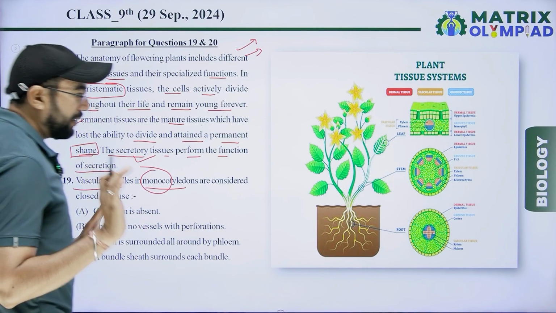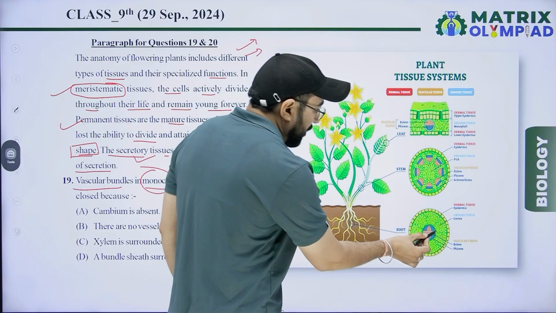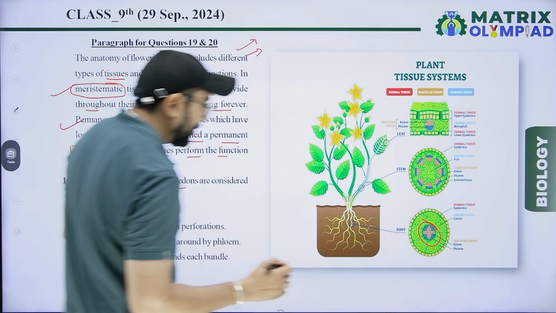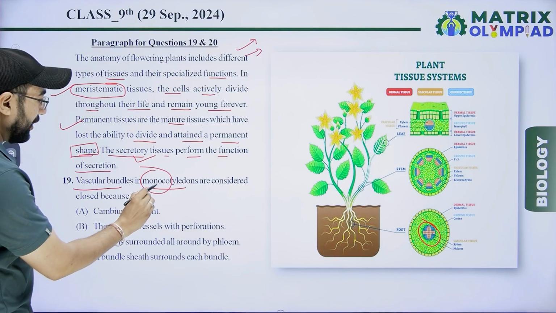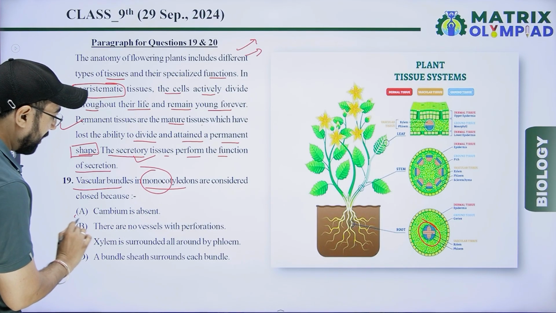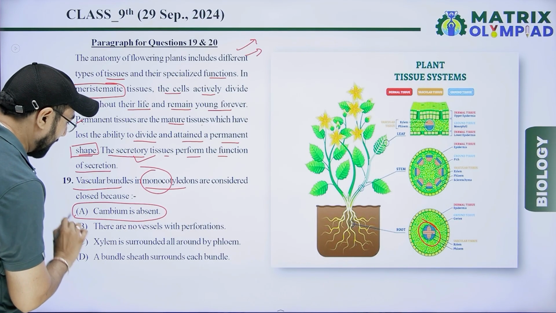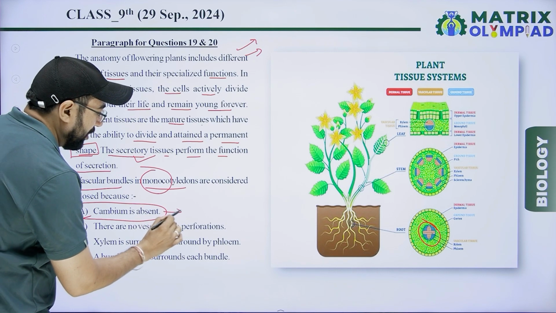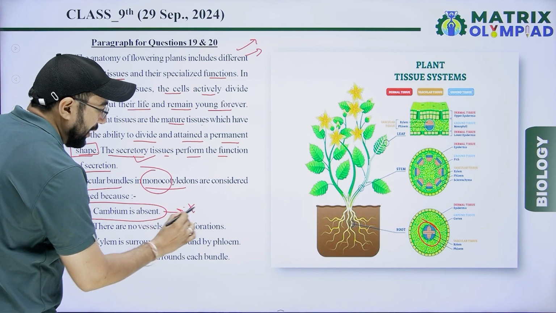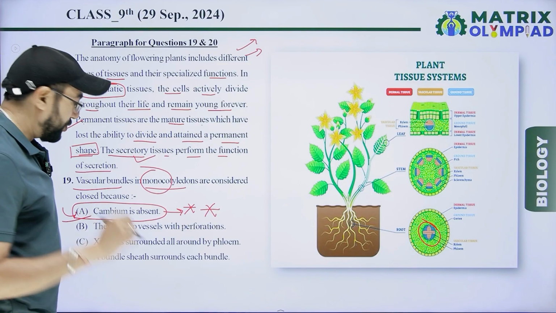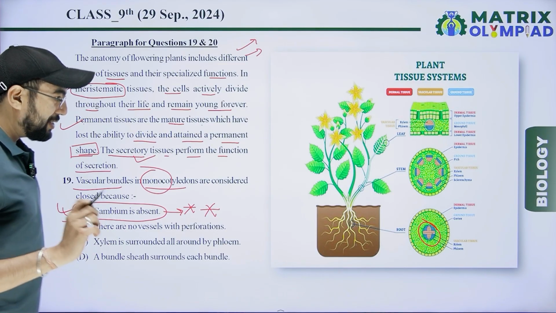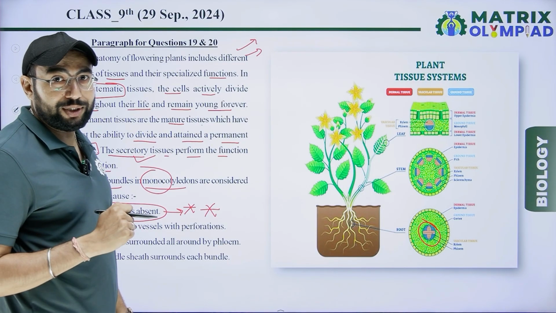In monocotyledons, this condition applies. In this question, vascular bundles in monocots, cambium is absent. That is right, because a cambium ring is not formed and secondary growth is not shown in monocots. So option A is the right answer for this question.